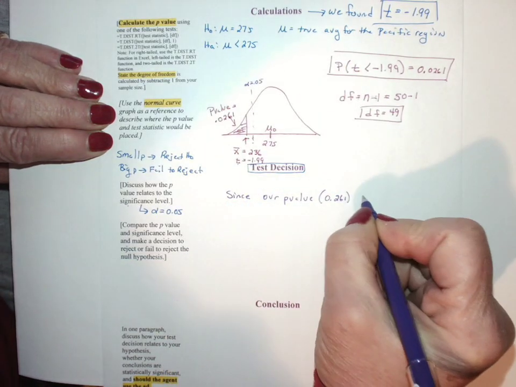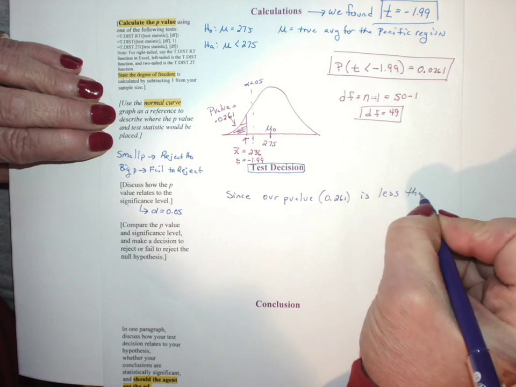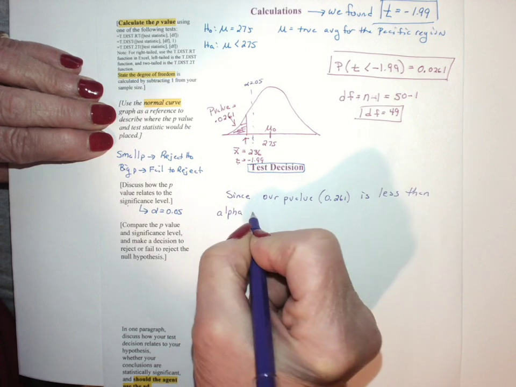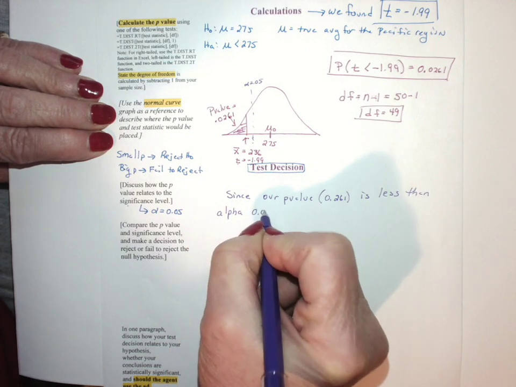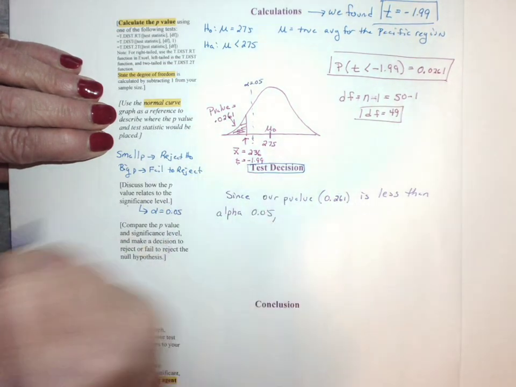Since our p-value is less than alpha 0.05, we now have convincing evidence.